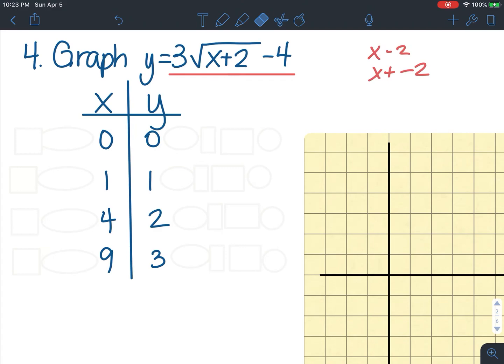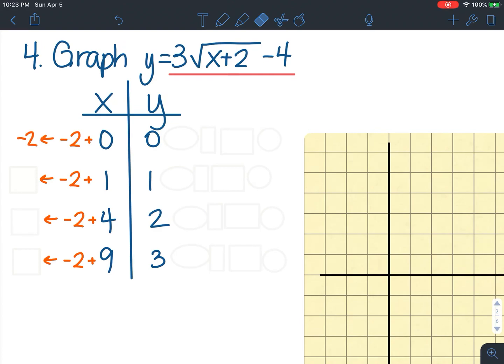So when I made my little notes here of what I was doing to each number, I wrote plus -2. I just wanted you to know why I did that. So we're going to add -2 to each of these numbers. And then that will give us -2, -1, 2, and 7.